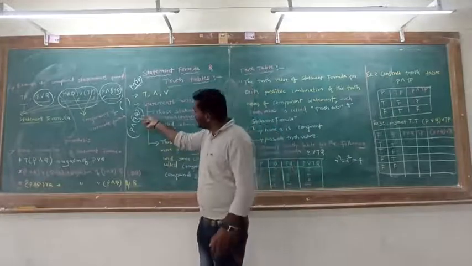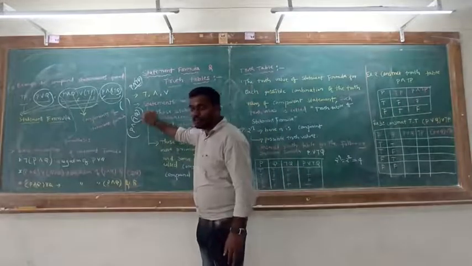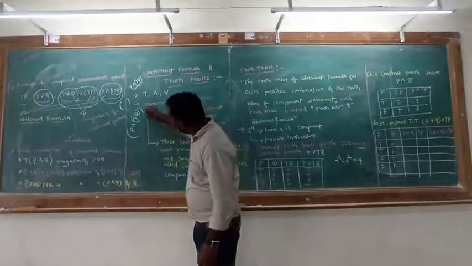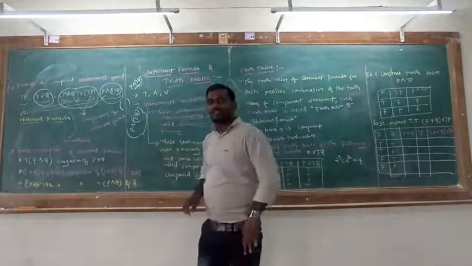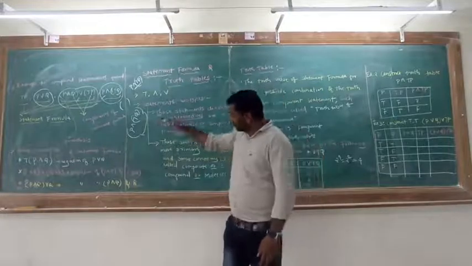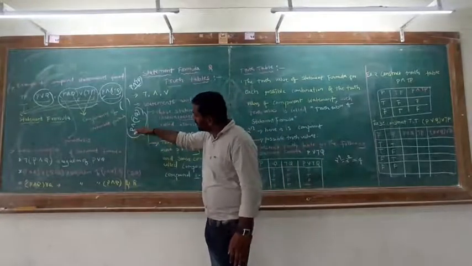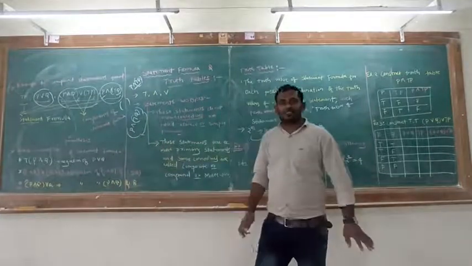First you have to simplify the negation Q, the innermost parenthesis. After that, the outermost parenthesis has to be simplified second.